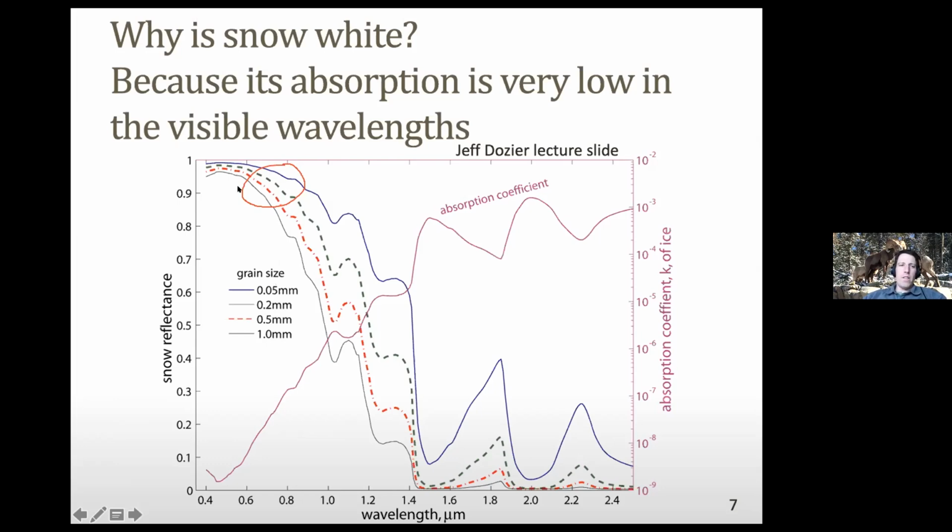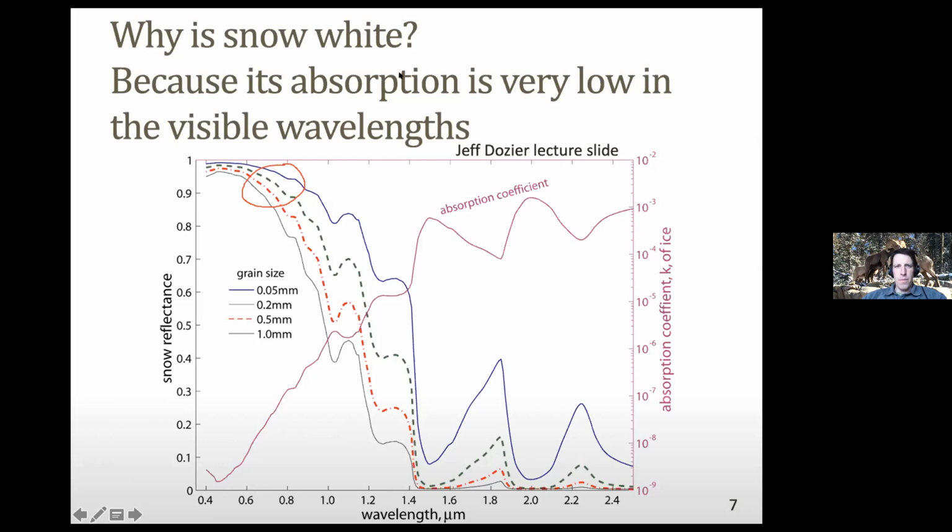And what you can see is the reflectance for all these grain sizes in these shorter wavelengths. The visible wavelength range is around 0.45 to 0.7 or so micron.